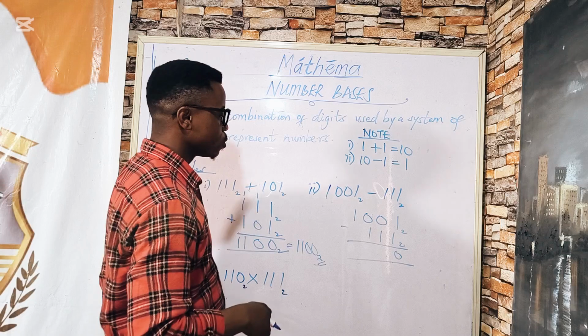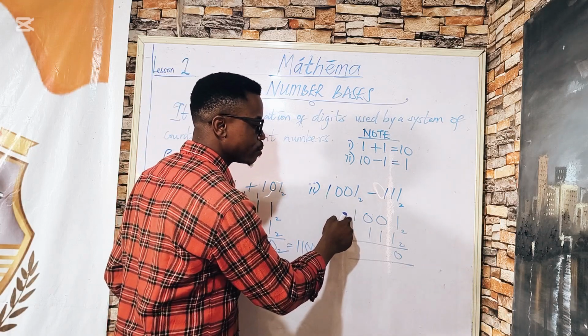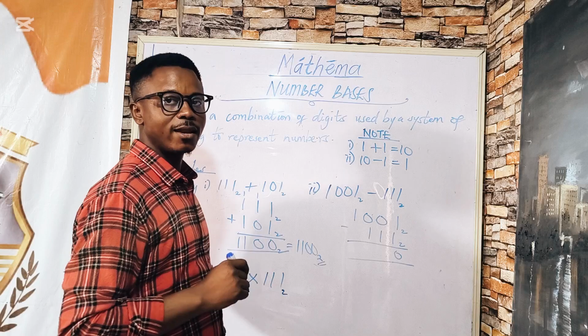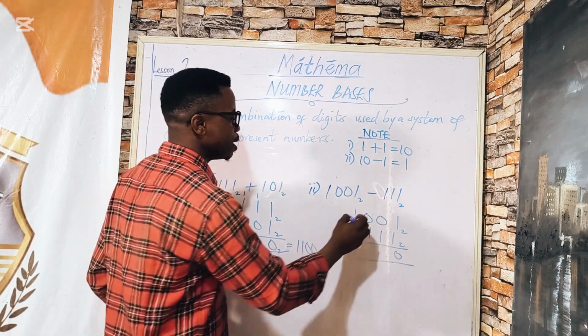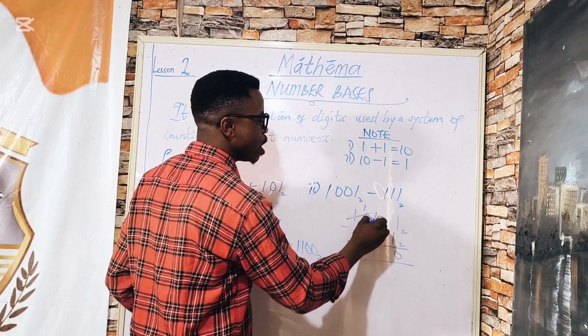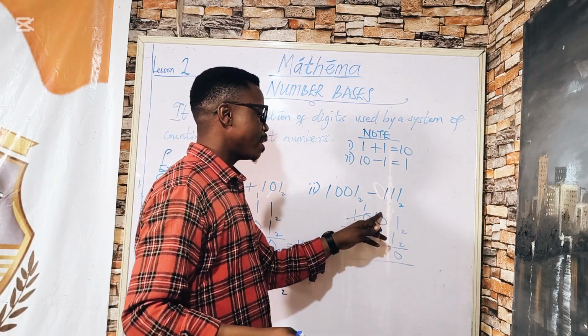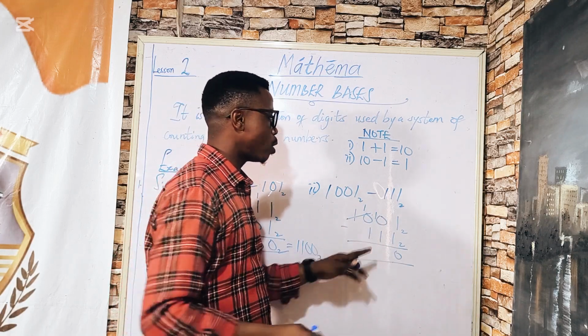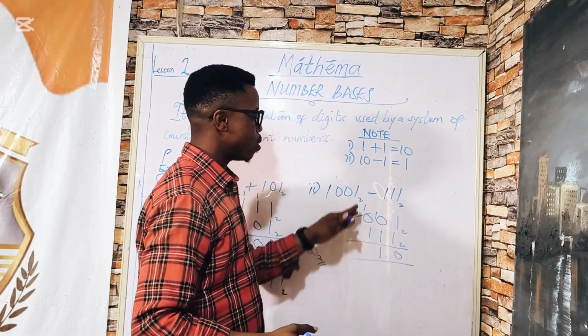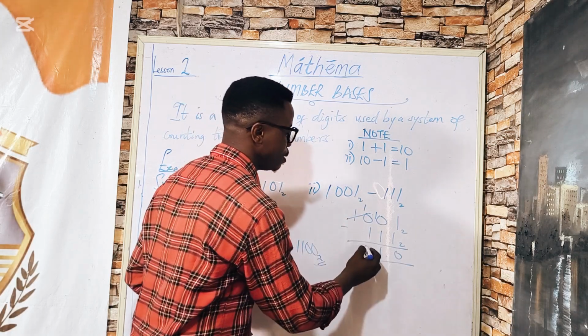So what do we do? We are meant to come here and borrow 1 from 10. When we borrow 1 from 10, 10 is left with 1. We'll put that 1 here. It becomes 10. 10 minus 1, according to our note here, is 1. And then 1 minus 1 is 0.